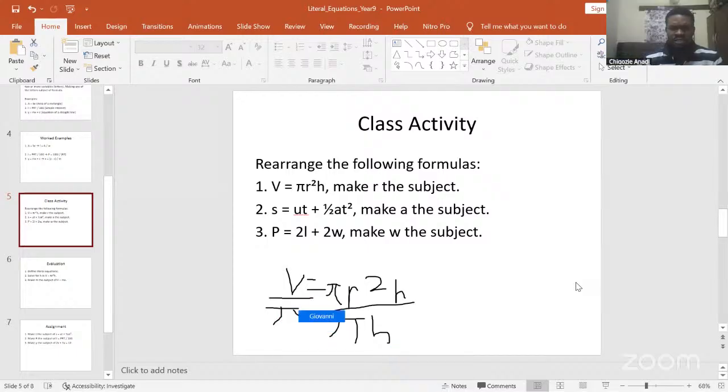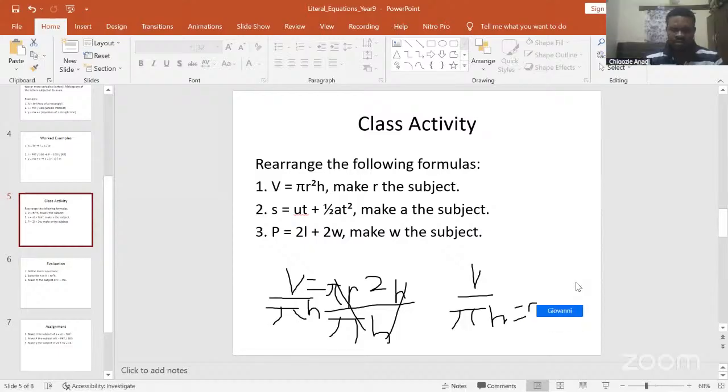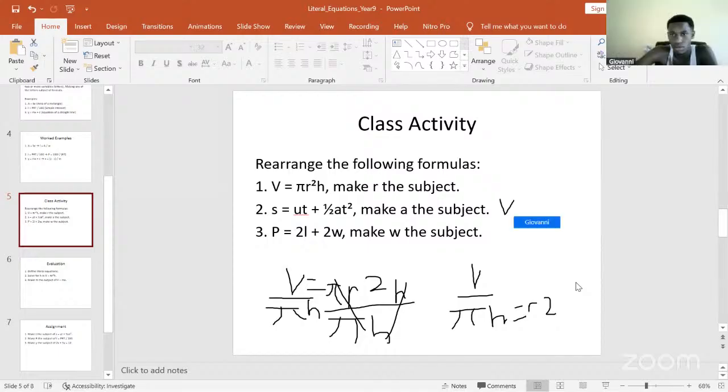Correct. So I had v over pi h equals r squared. And I subtracted both sides by r. So it was v over pi h minus r equals r. I understand that, but I have r on both sides, so I'm kind of confused for that.